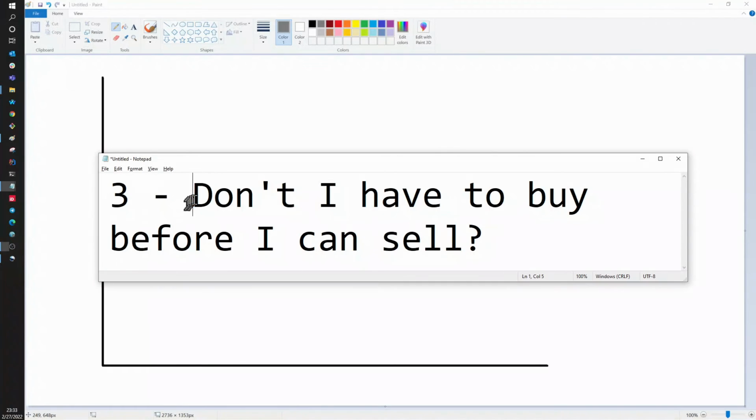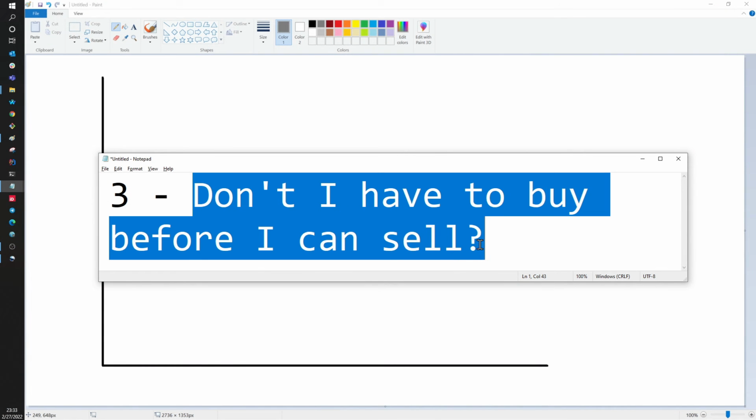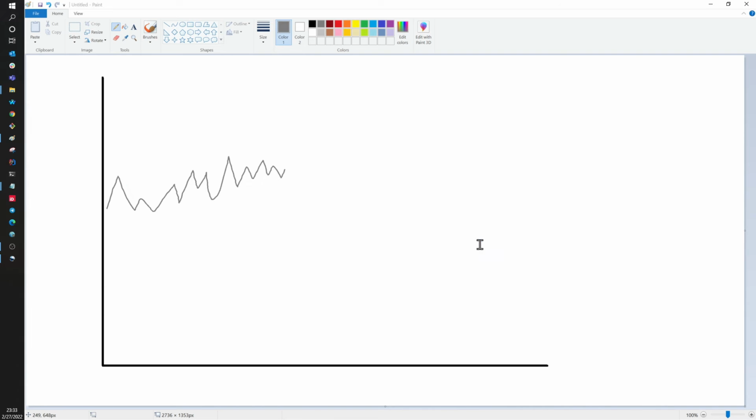Topic number 3: don't I have to buy before I can sell? Like, for instance, with stocks, say the stock price is to here. We have an account, we deposited some money in it, and we decide we want to start trading. Let's say we did some analysis, there's our little trend line going this way, support, maybe it's wedging, and the volume's up here.